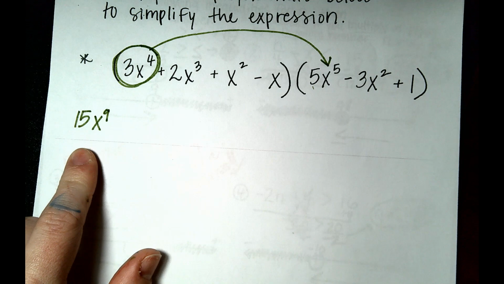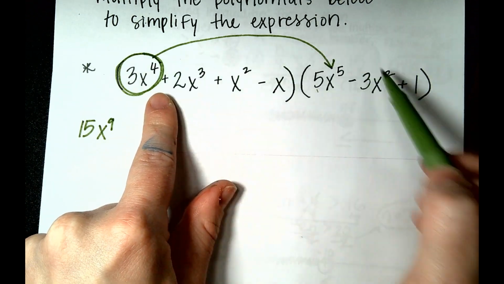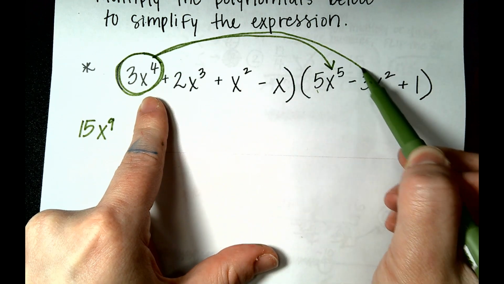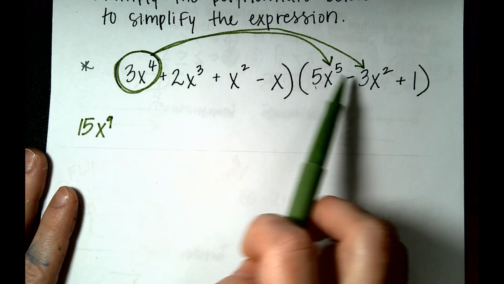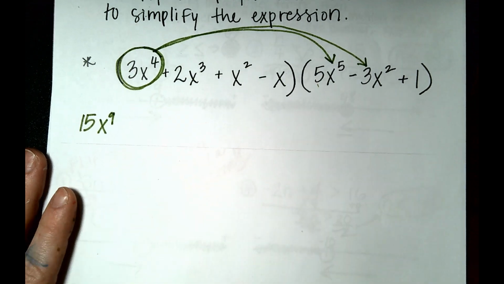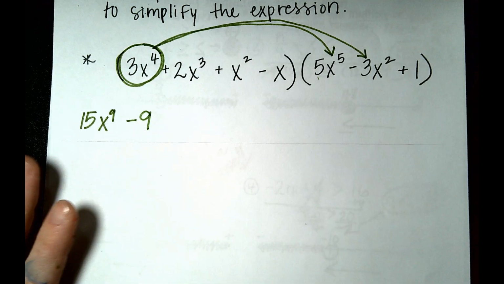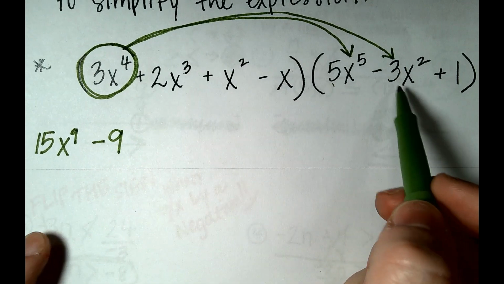Okay, perfect. Now, in distribution, we keep multiplying that same thing, but we go to the next number. So, first, let's do the whole numbers. We've got 3 times negative 3. What's that? Negative 9. And now I have x to the 4th times x to the 2nd.